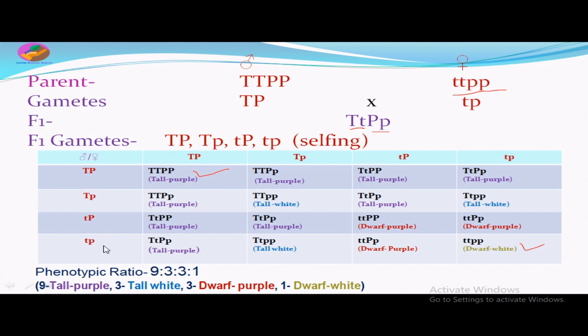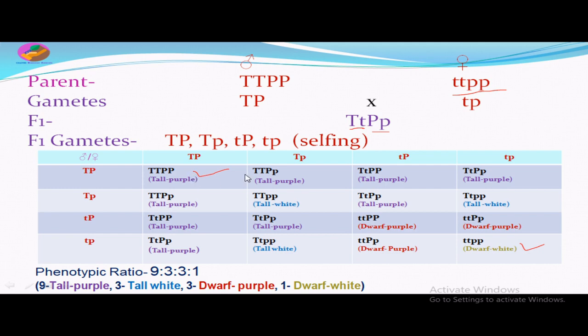So all these gametes, suppose these are gametes of male, these are gametes of female, then there will be crossing of all these. So you can cross here capital T, capital P to capital T, capital P, same capital T, capital P to capital T, small p, same capital T, small p to small t, capital P. So in this way we have to cross all these and we can get 16 offspring.